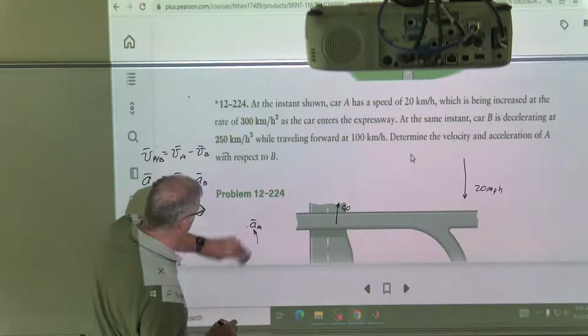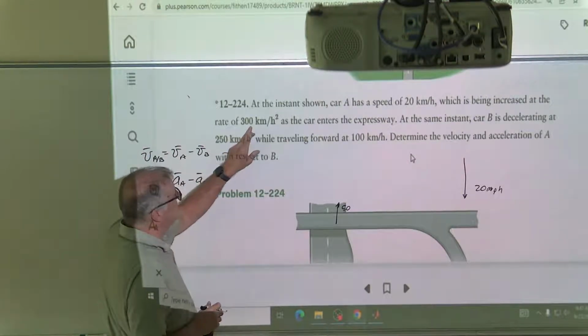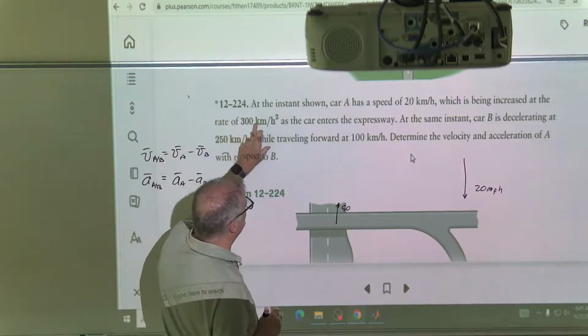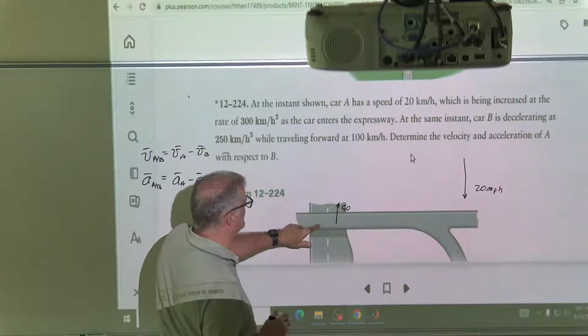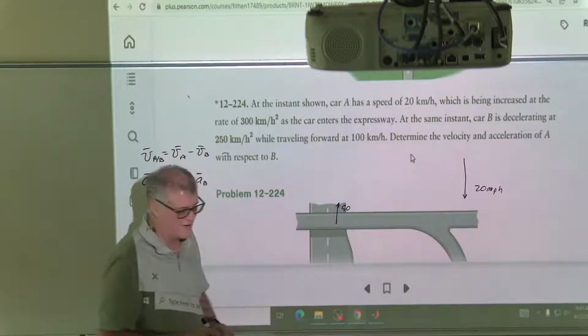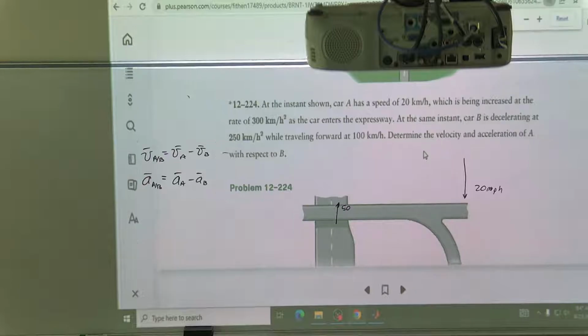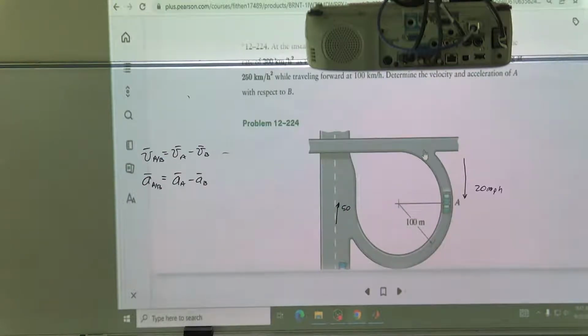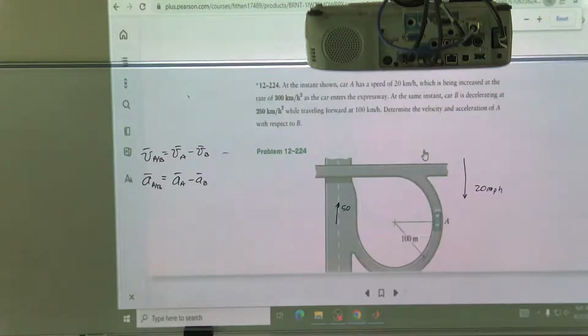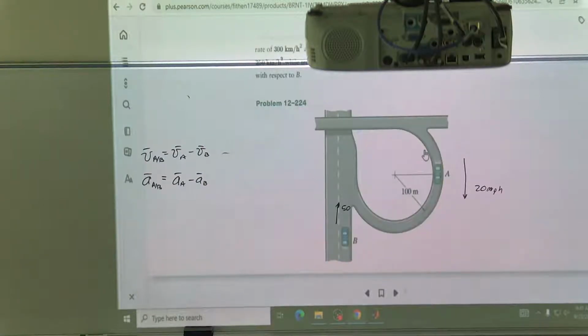And so all you're doing here is he says, okay, increasing car A. Now, I'm going to have to shrink it down so I can see which one was car A. Hopefully I don't shrink it down so much I can't read it. Okay.